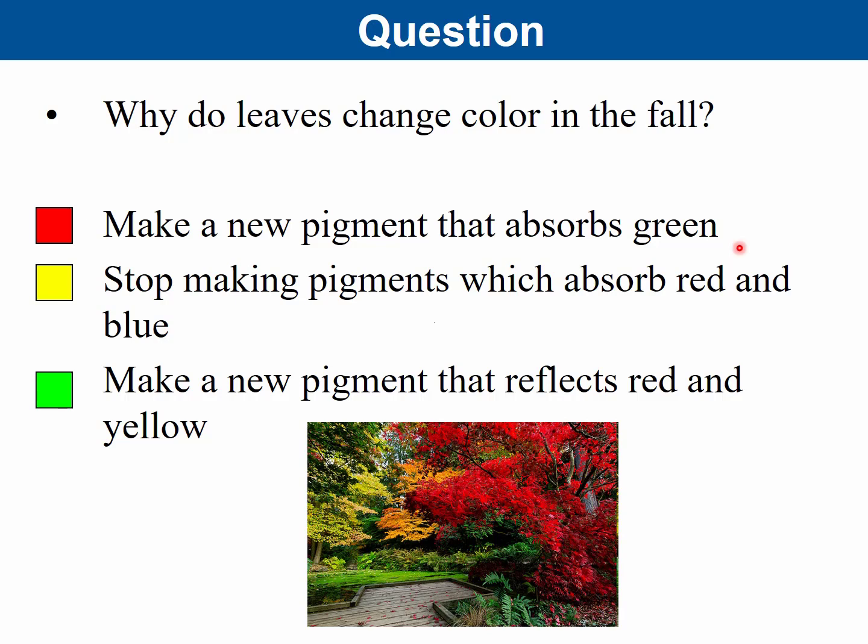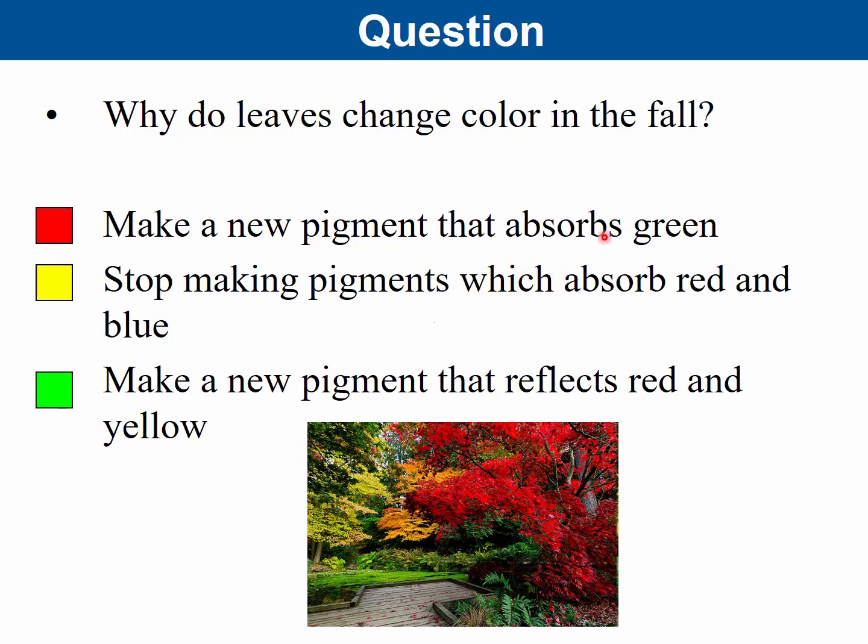But the carotenoids would still absorb the indigo, violet, and some of the green. Because the carotenoids hang around for longer, the colors that end up being reflected are the red, the orange, and the yellow. This is why plants appear red, orange, and yellow during the fall, because they stop making chlorophyll A and B first, which absorb the red and the blue.